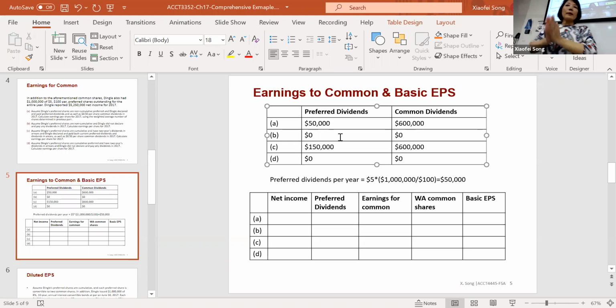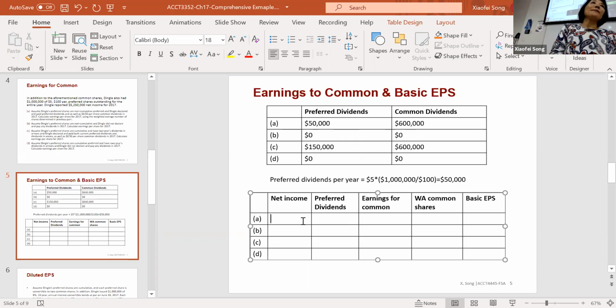Because what we are trying to determine is earnings available for common. Whether it's distributed or not makes no difference, right? So the earnings that's already distributed, that's earnings to common, but even if it's not distributed, it still belongs to the common.